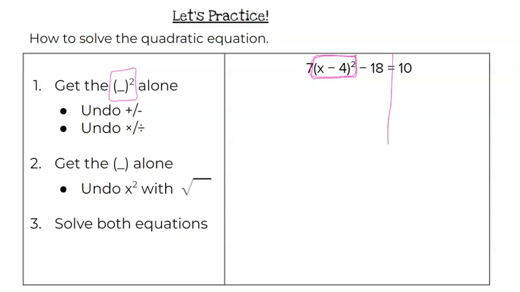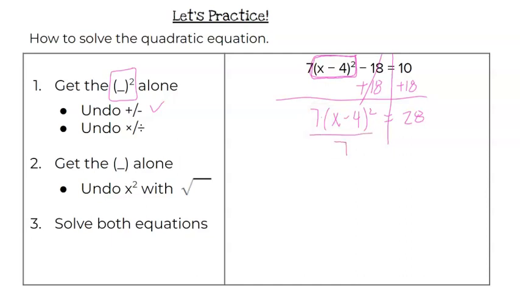So to do that, we're going to undo addition and subtraction. So undo minus 18 with a plus 18 on both sides. So we have 7 times x minus 4 squared equals 10 plus 18 is 28. And then we still need to undo that multiplication, the times 7 in front of the parentheses.